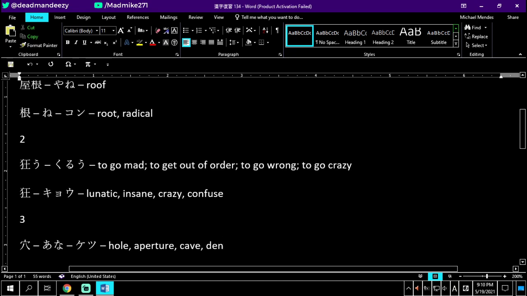Ana is a hole. Ana or ketsu is a hole. The roof over 8. If you think about when you're drawing it, the 2 legs are really the kanji for 8.